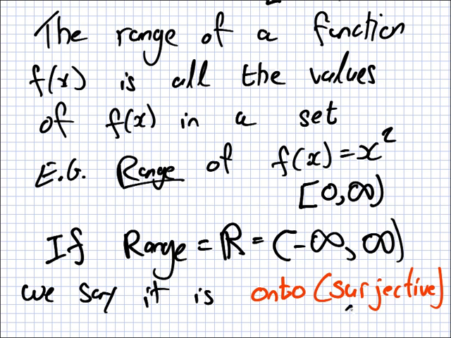It's another word for onto. And the meaning of onto is this, that the range equals the real numbers. So, is this onto? This is not onto, because the range is too small. Don't worry, we'll do some examples.